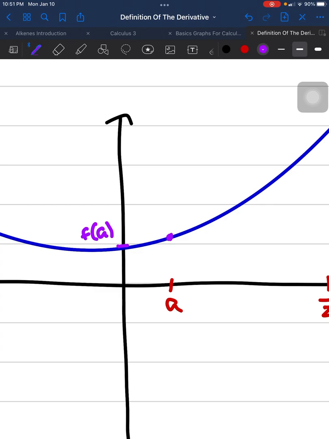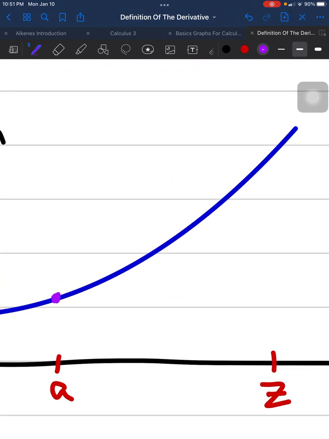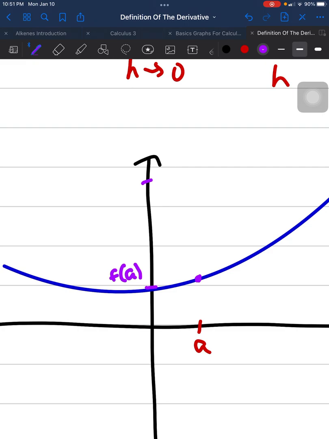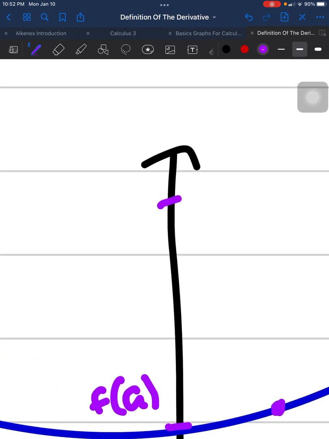You should know what a slope is, which is just y2 minus y1 over x2 minus x1. That gives you the slope. This is just algebra 1, algebra 2 topics that you should know. So this is f of A right here, and then we also have f of Z.